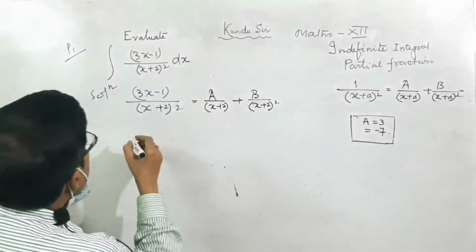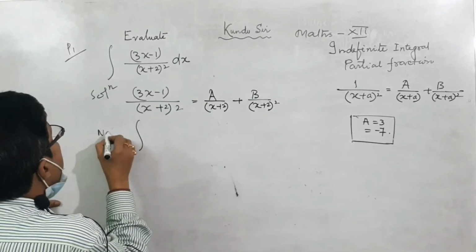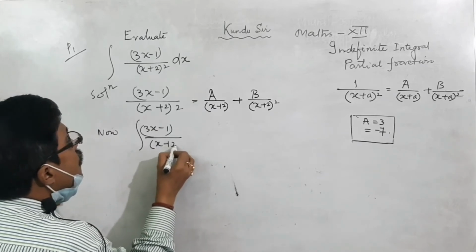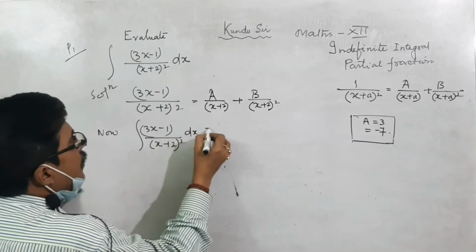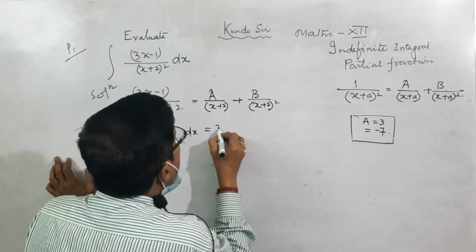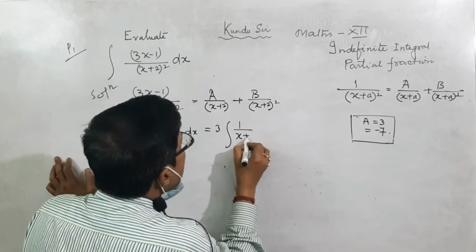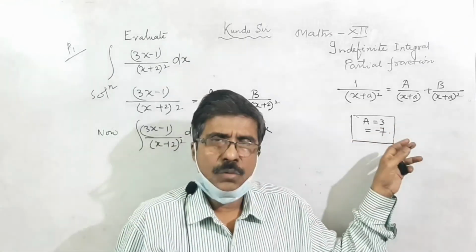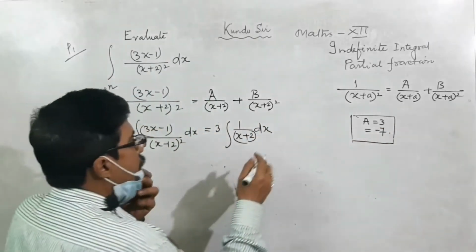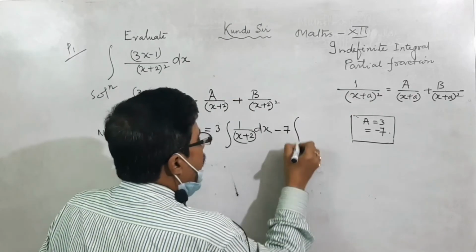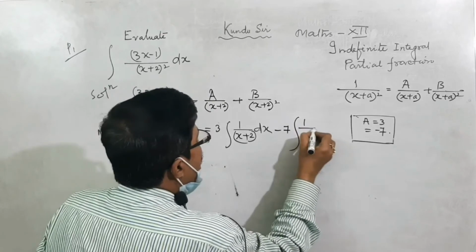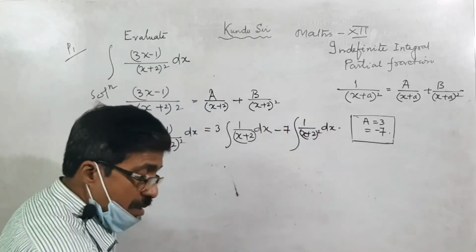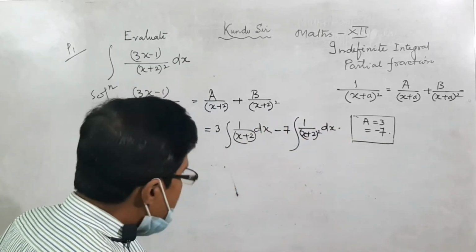The integral of (3x minus 1) upon (x plus 2) whole square dx equals, A equal to 3, times the integral of 1 by (x plus 2) dx, plus B equal to minus 7, so we can write minus 7 times the integral of 1 by (x plus 2) whole square dx.